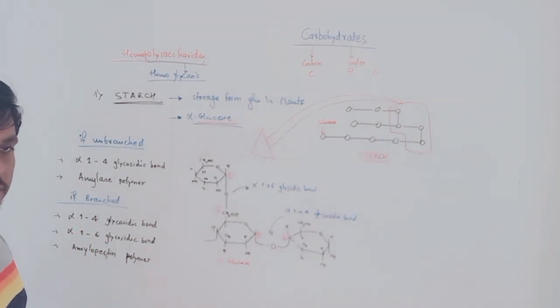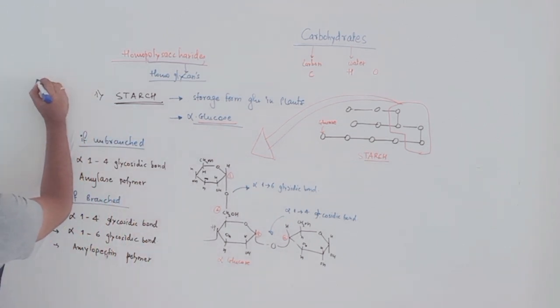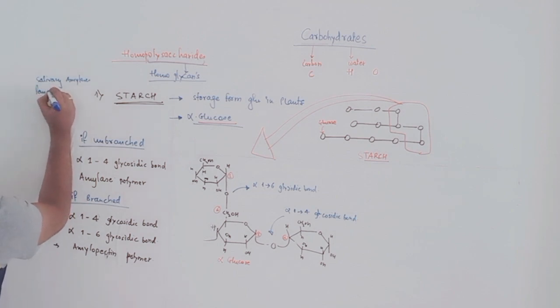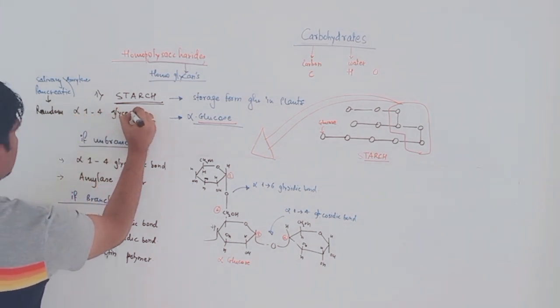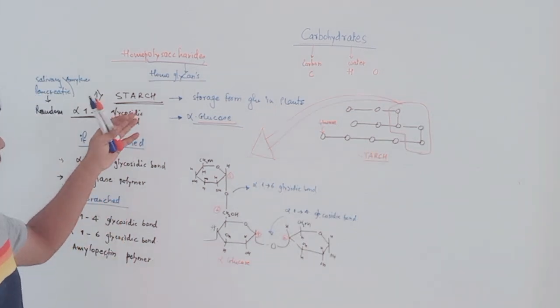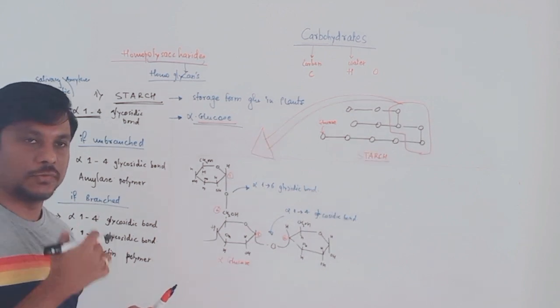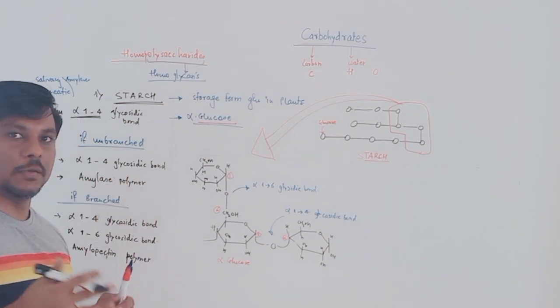Both salivary amylase and pancreatic amylase are alpha amylases, and they act randomly on alpha 1,4 glycosidic bonds. Both are used for the digestion of starch.